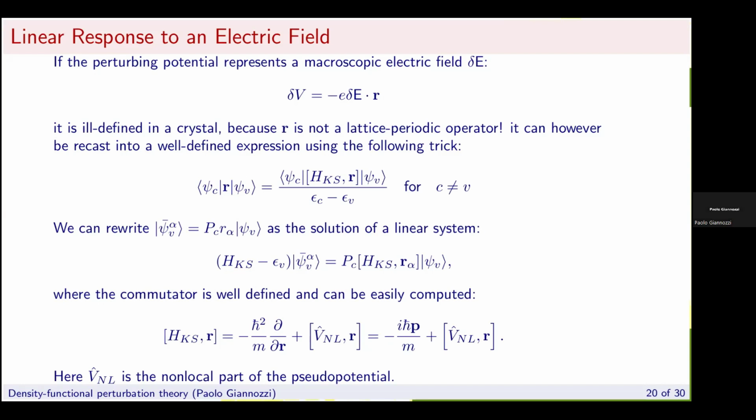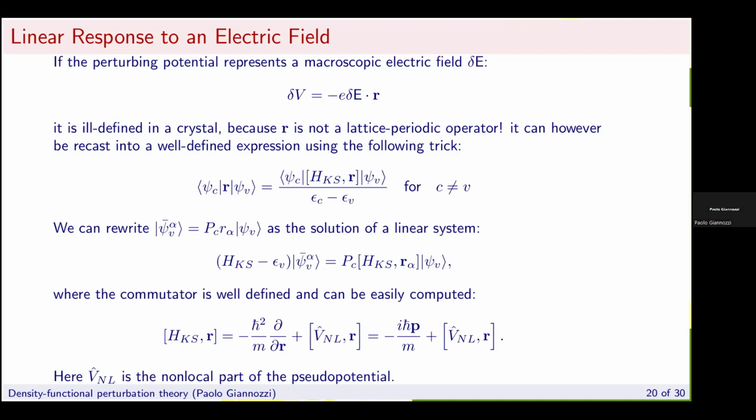In the linear response case only, by observing that what is ill-defined here is the matrix element of the position operator R on the same state. So psi v, R psi v is defined. But what we need actually implicitly is the matrix element between an occupied and an empty state.